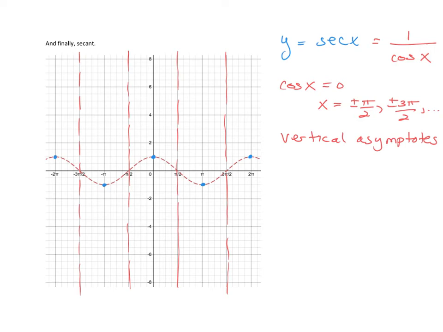The rest of this will look exactly like cosecant. For example, here between -pi/2 and +pi/2, secant has to go through that point and approach these asymptotes. It's never 0 nor negative. It can't be down here. So the graph must look something like this.